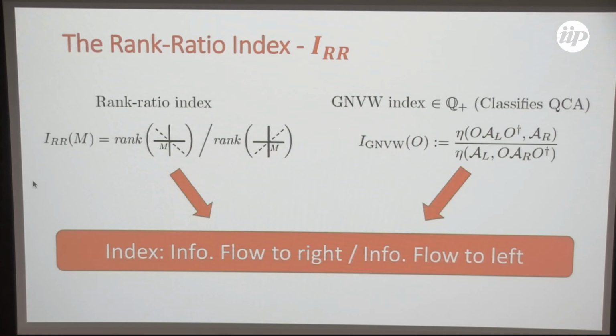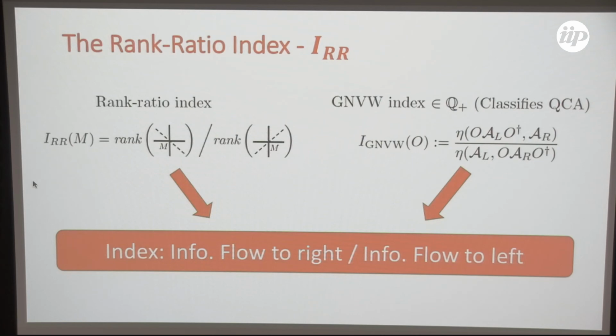This is actually equivalent to the GMVW index for MPUOs. What they do is similar in that split. Well, they have an n-body operator, but they evolve this n-body operator.